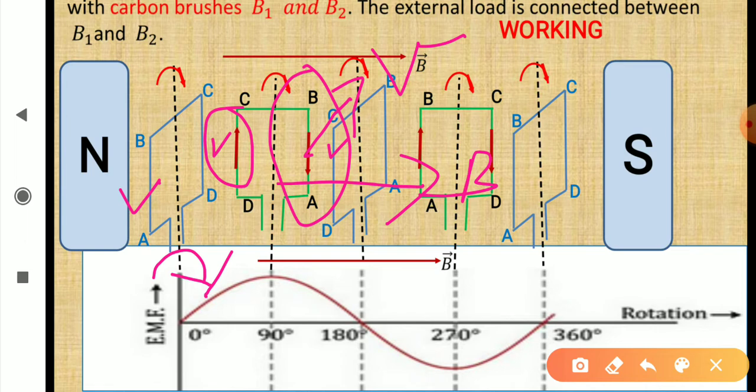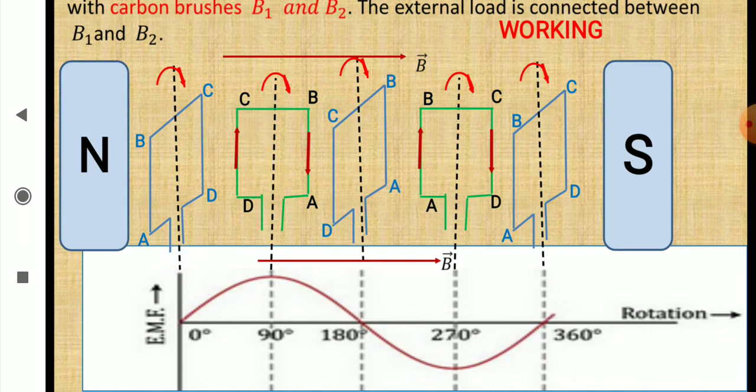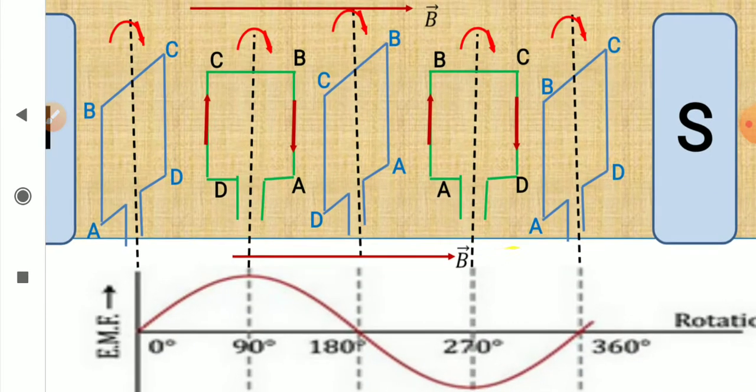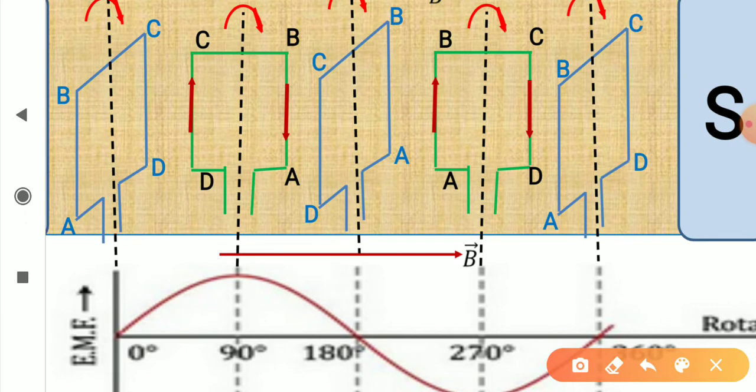Then you can see that the direction of induced current is vertically downwards in the plane of the paper. So the induced current in AB is downwards, and in CD it is upwards.